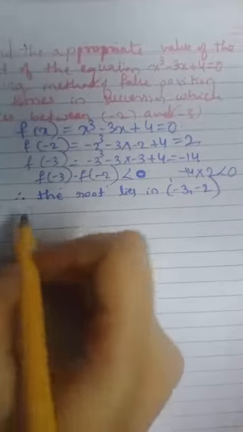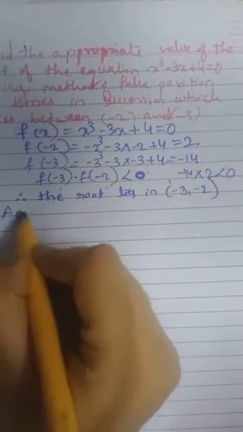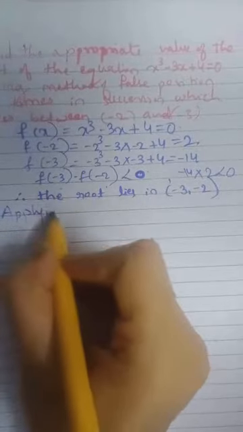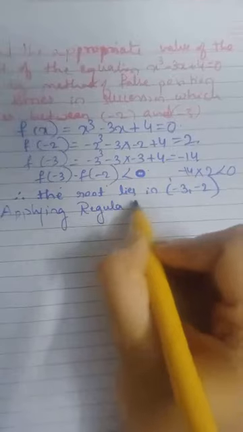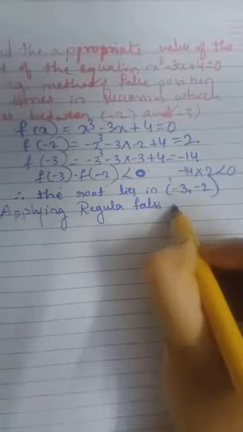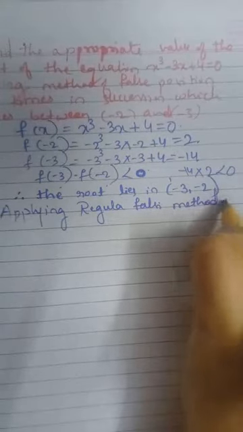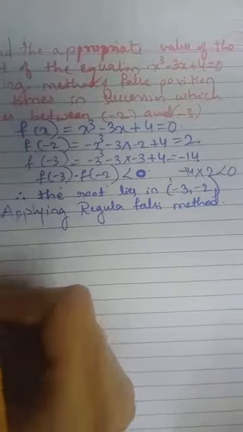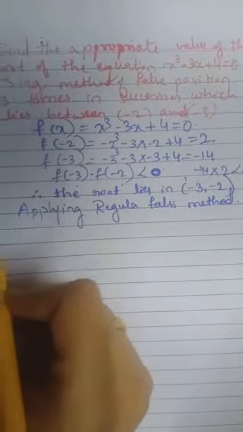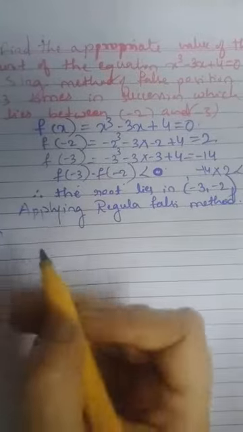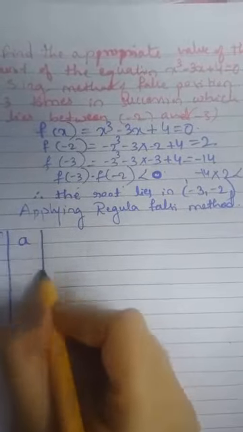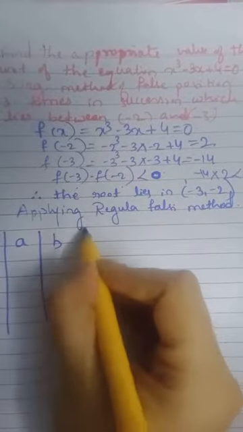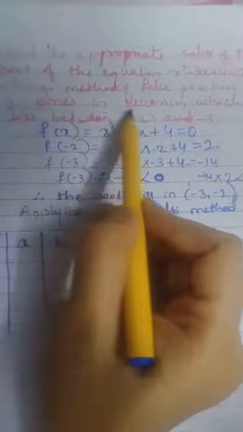Now apply the regular falsi method. First is always the iteration number, and then second we have a column to write the value of A. Third is to write the value of B. They have told us to carry out 3 successive iterations.